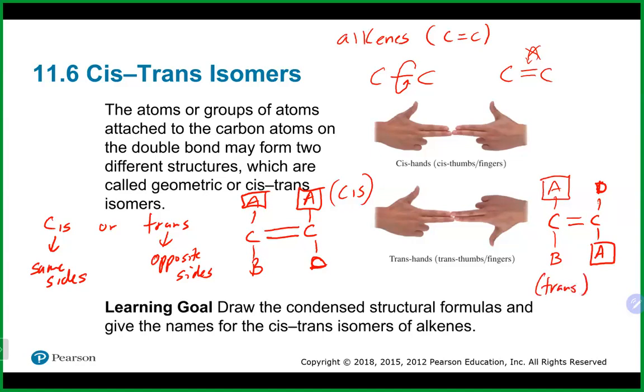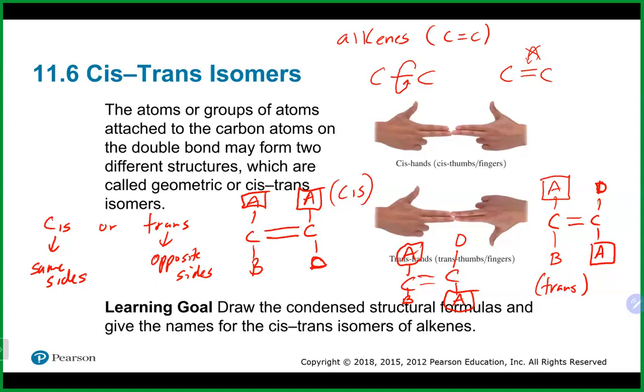So the double bond basically gives rise to these types of isomers where we have groups either on the same side or opposite sides of the double bond. And once again, that one that got cut off there on the screen, we have it on opposite sides of the double bond.